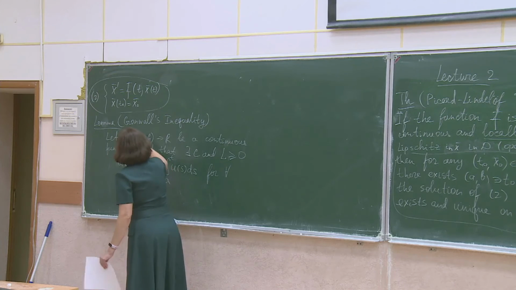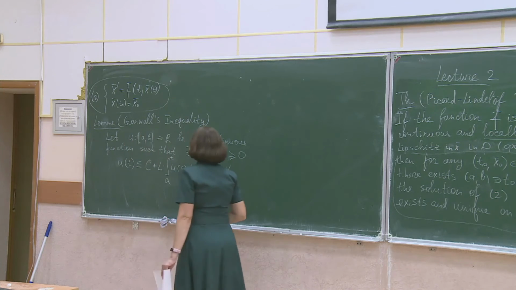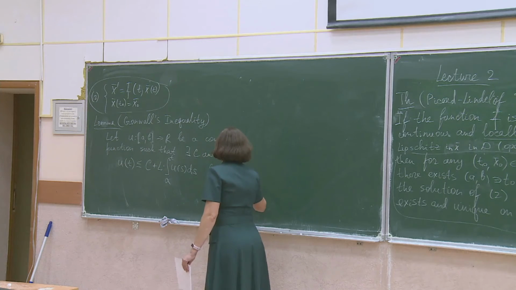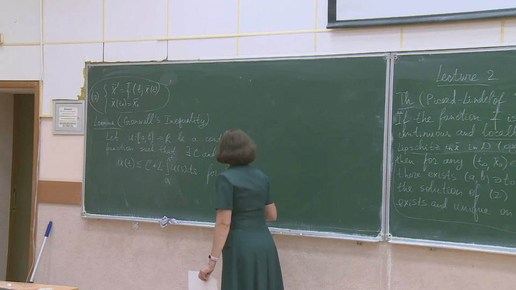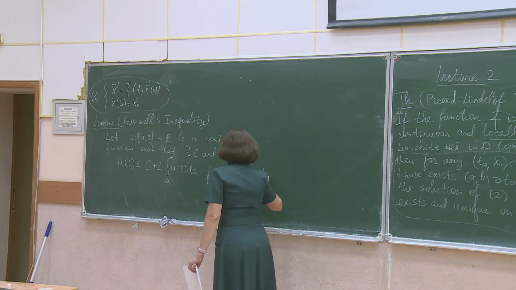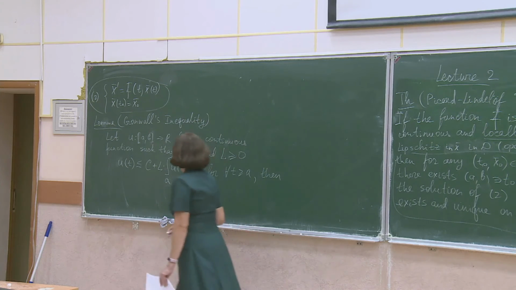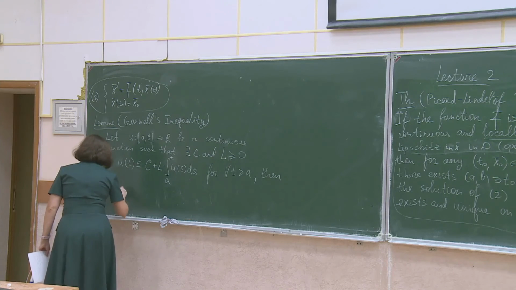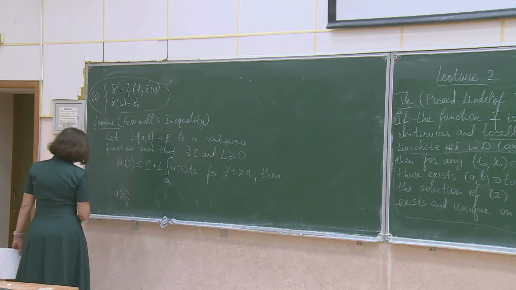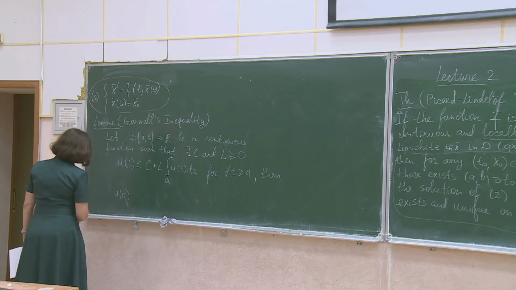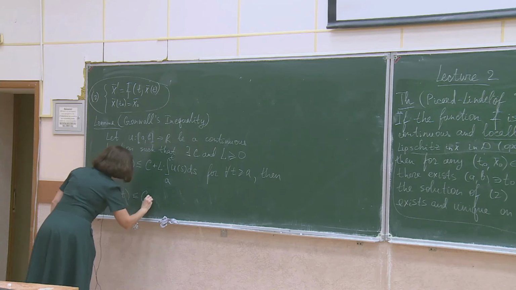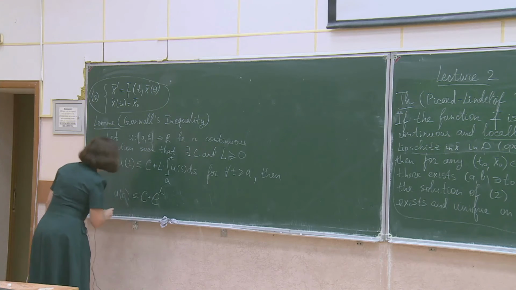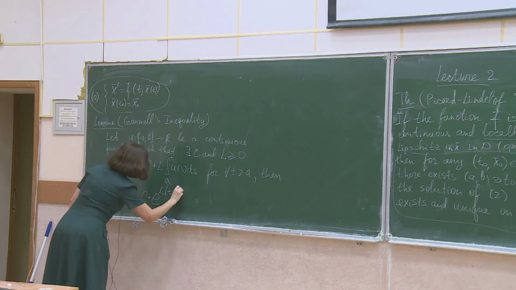Then u of t is less than or equal to c times e to the power L times (t minus a).